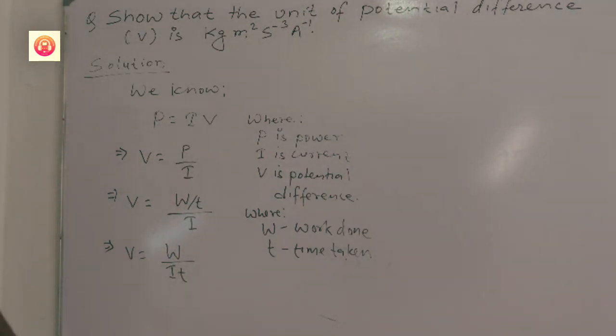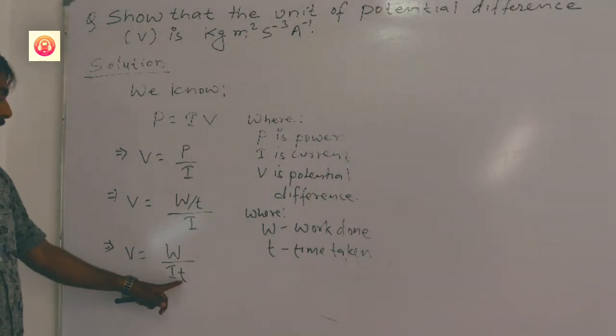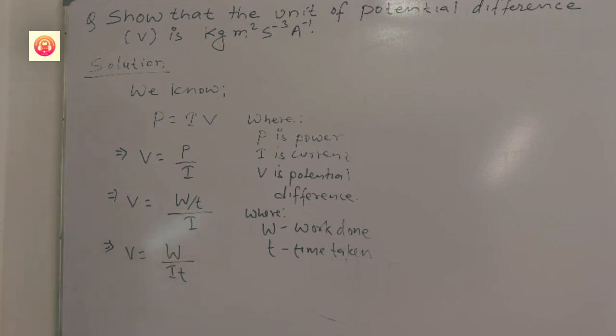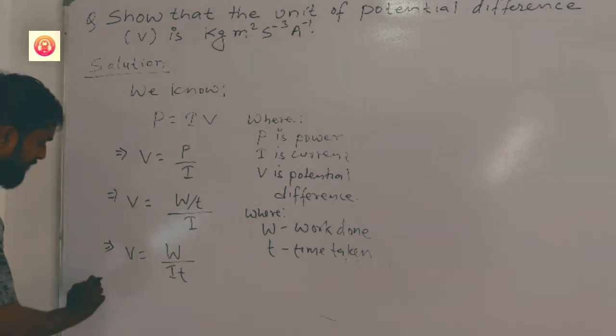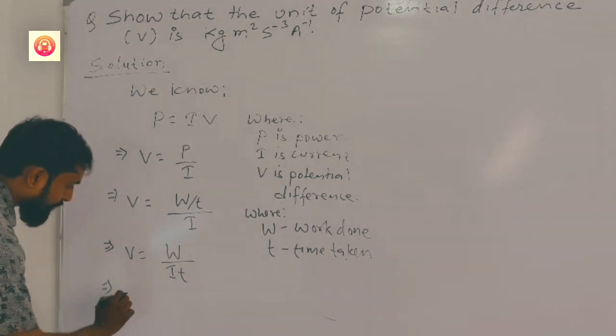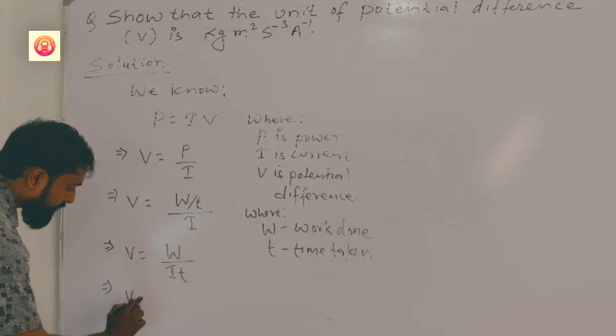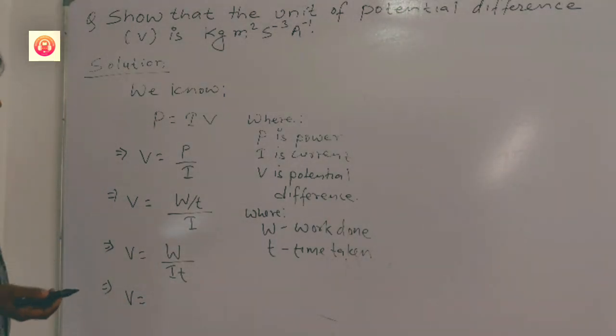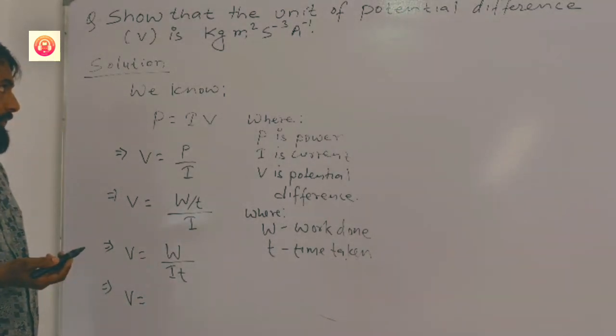So up to here we have got two fundamental quantities and one derived quantity, work. So again we'll convert this work into fundamental quantities. So we know work is the product of force into displacement.